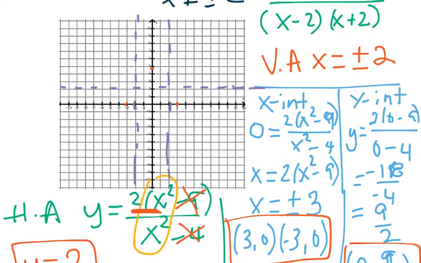And then we go back and recall, where is it increasing and decreasing? It's decreasing from negative infinity to negative 2. So for decreasing, I'm going to use a different color. It's decreasing from negative infinity to negative 2 and concave down.